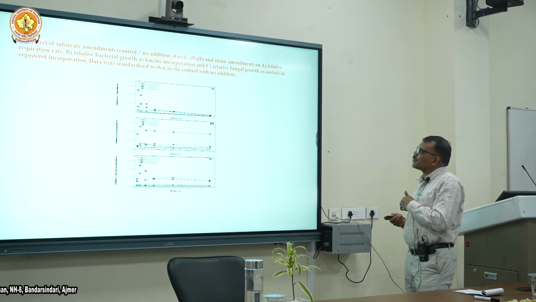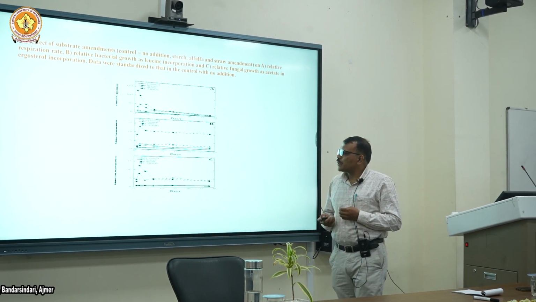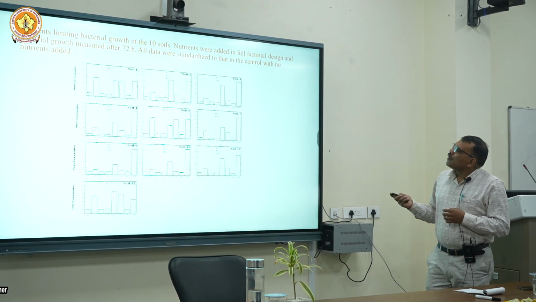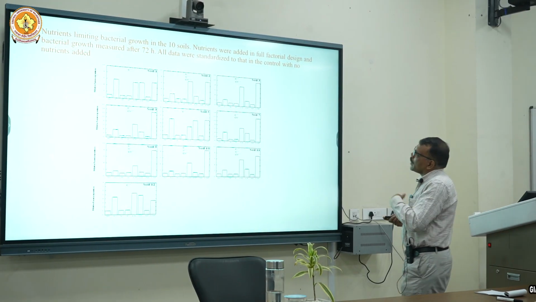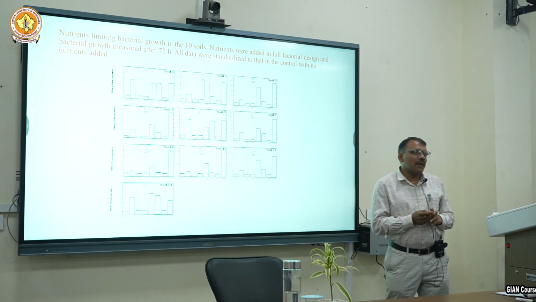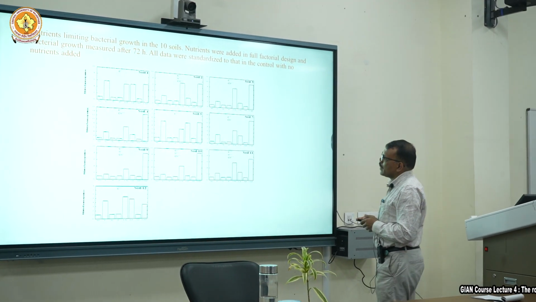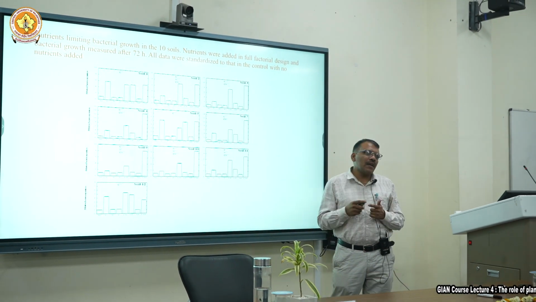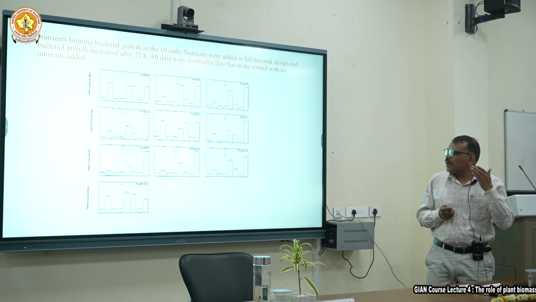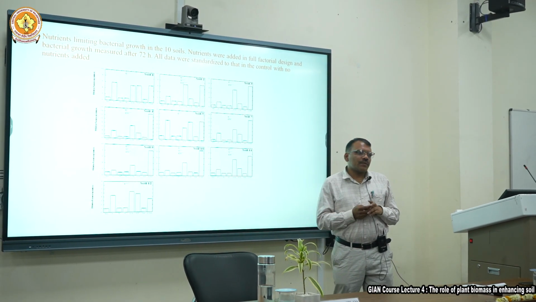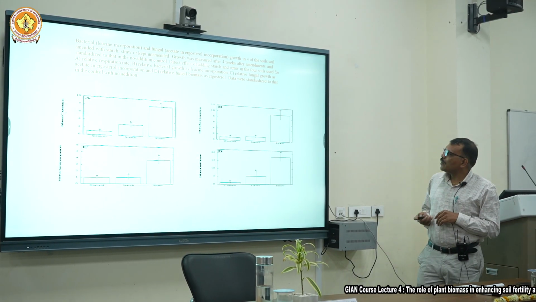Then this is the effect of substrate amendment on different soils. So 12 soils, 10 of them studied from India, basically showed similar results. So the primary limiting factor for bacterial growth was carbon, and secondly nitrogen.